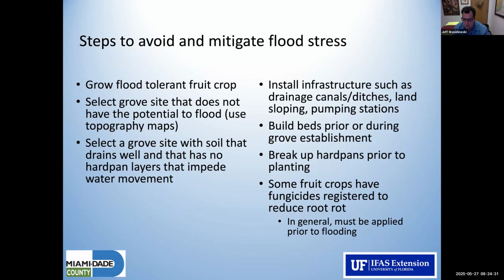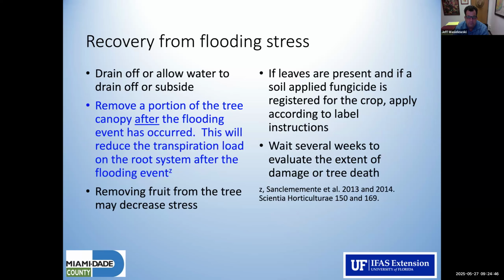Some fruit tree crops have fungicides registered to reduce root rot, and in general it should be applied prior to flooding. So there are some things you can do, but you usually need to do them before you get the flood.